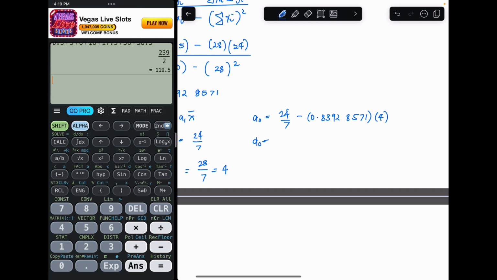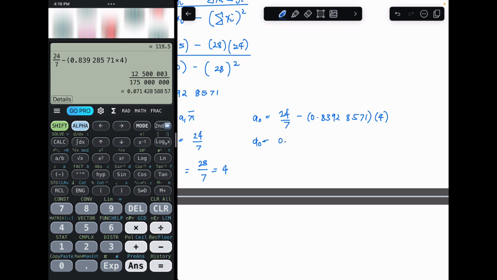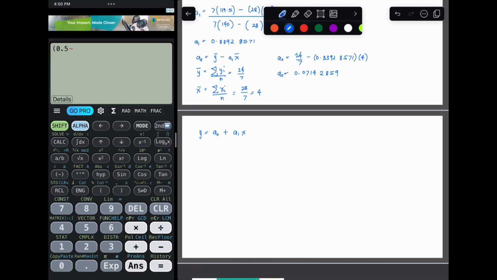So a sub 0 will be 24 over 7 minus 0.83928571 multiplied with 4. So our answer will be 0.07142857.